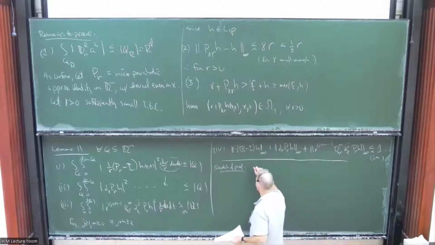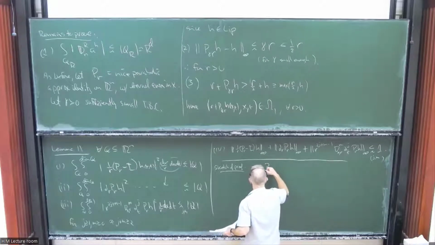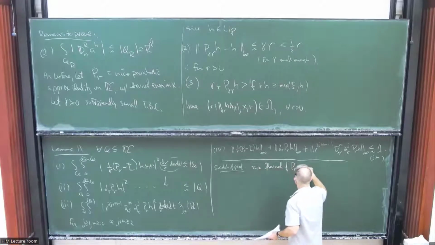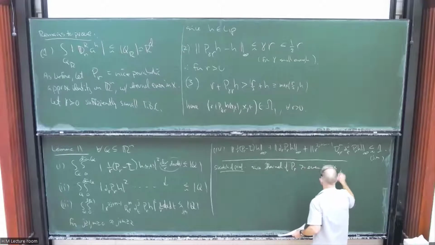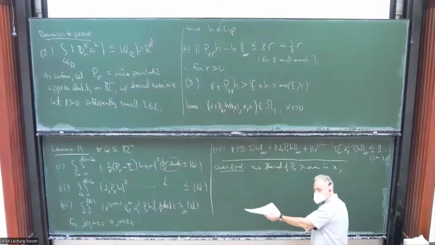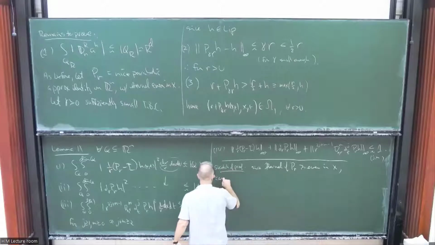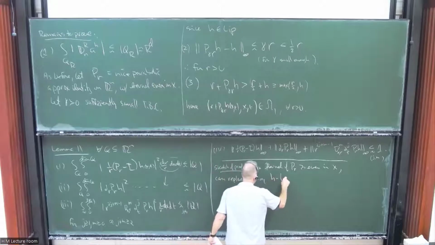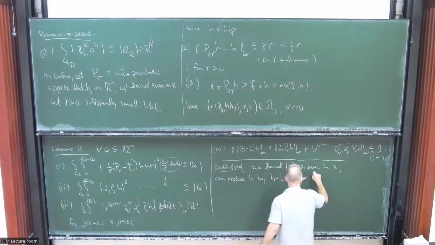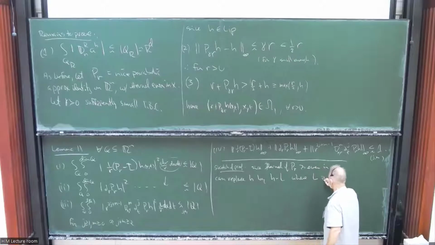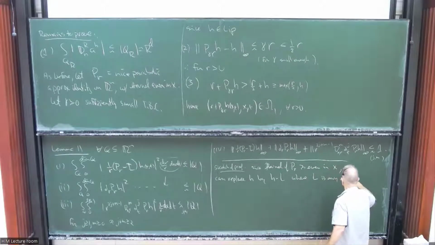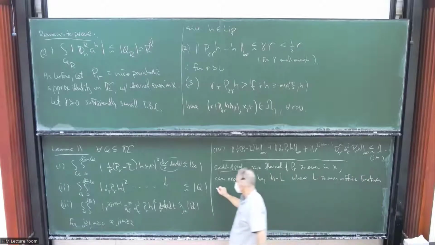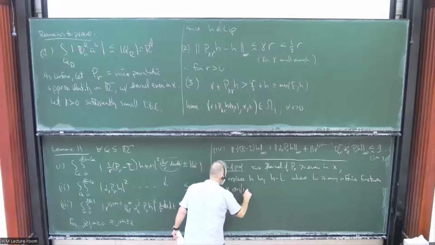Since the kernel of PR is even in X, that means in all of these expressions, we can always replace H by H minus L, where L is any affine function of X only.